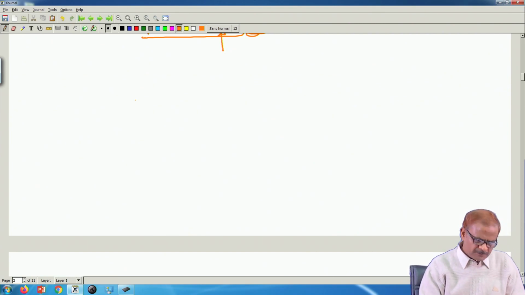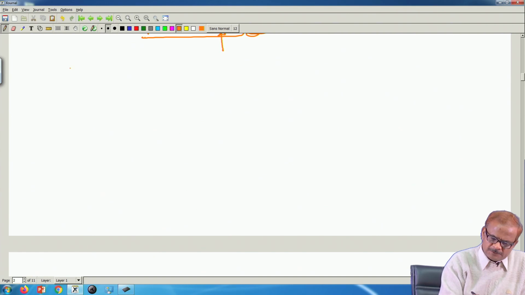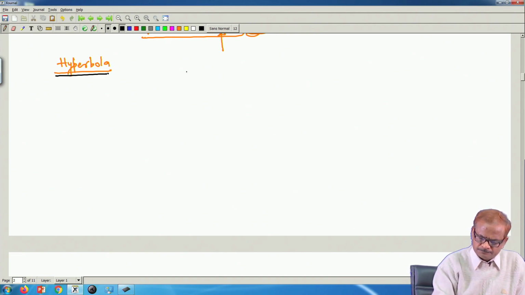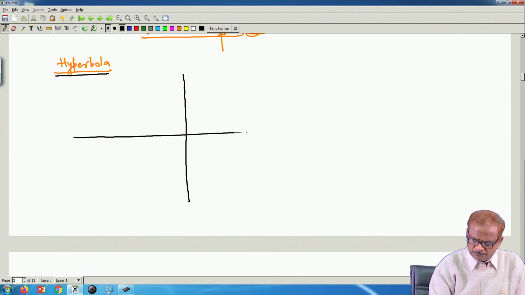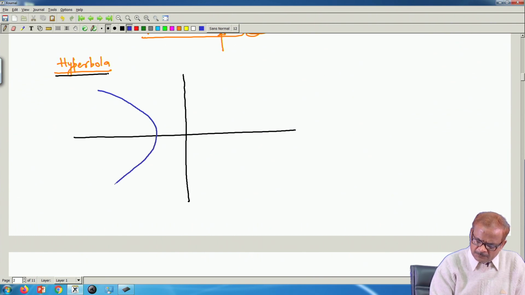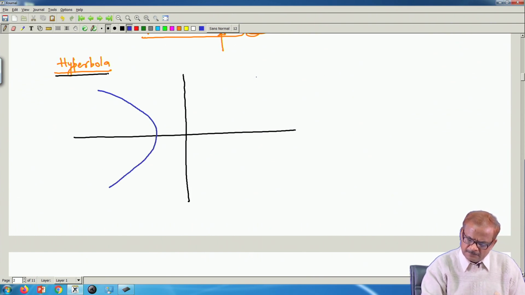So, we will wind up this topic with a small introduction to the hyperbola. We have already looked into how the hyperbola is generated from two cones.